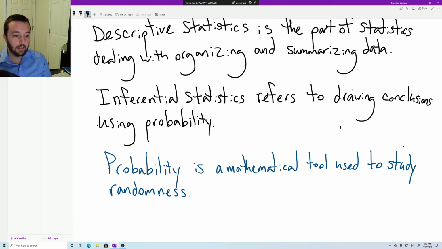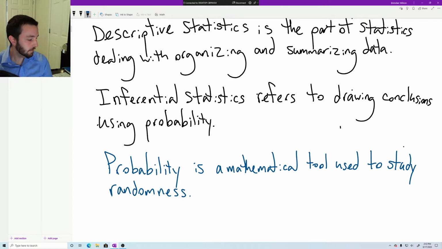It's not always the most intuitive. There's some surprising things in probability that we'll talk about. But it's important to understand the rules of probability and what it really means to say that there's a 50% chance when we flip a coin that we're going to get heads and a 50% chance that we're going to get tails. Right? It's important to understand what those kinds of statements mean and then how we can use that to study statistics.